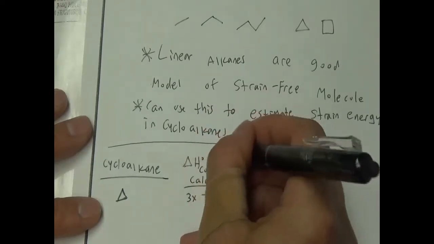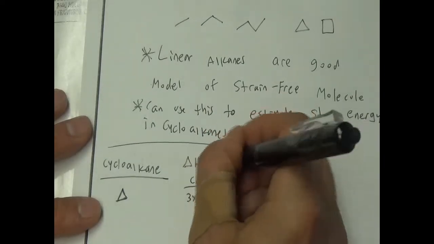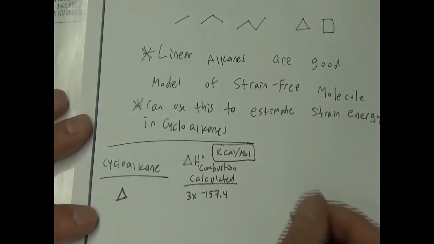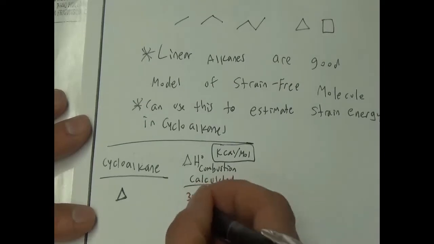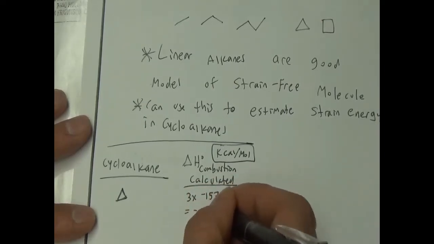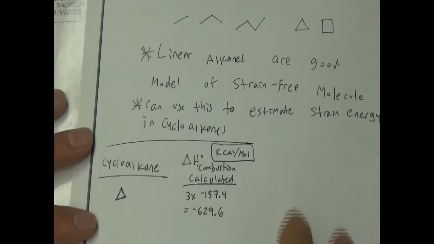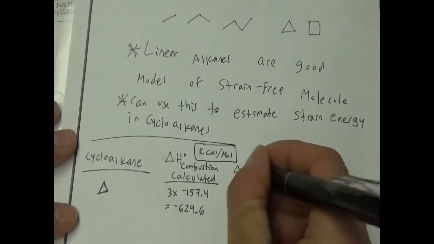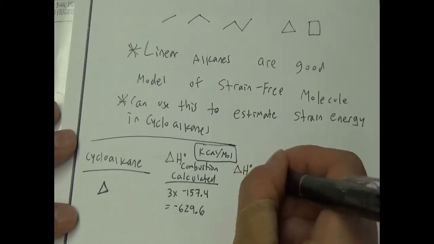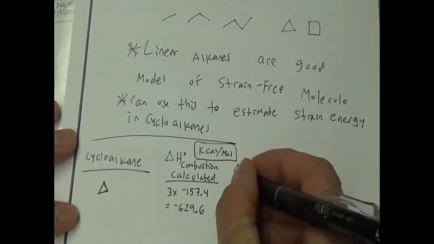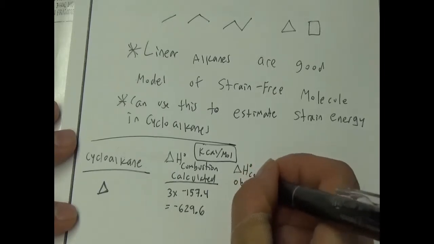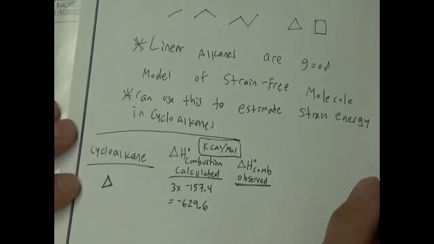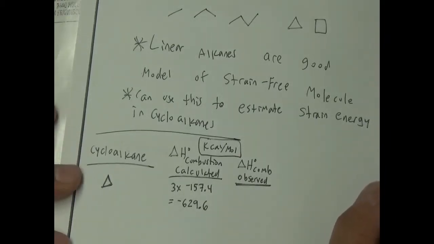These are all kilocalories per mole. 3 times negative 157.4 equals negative 472.2.